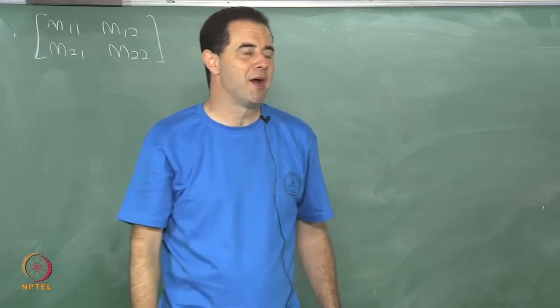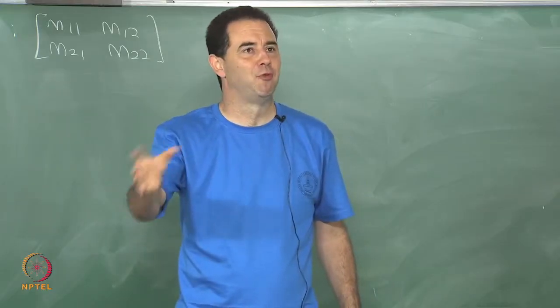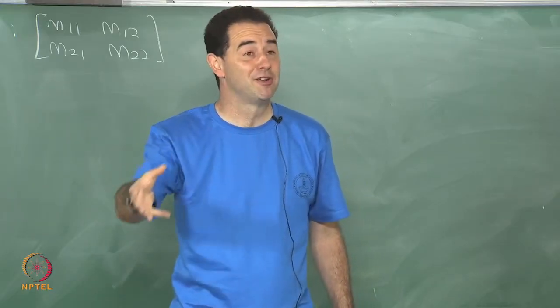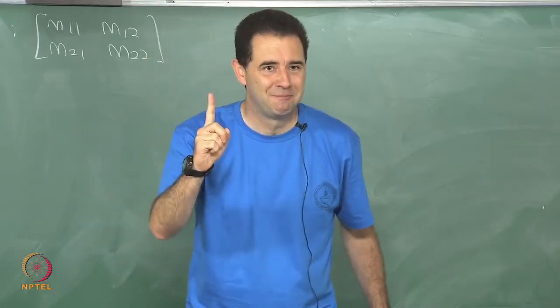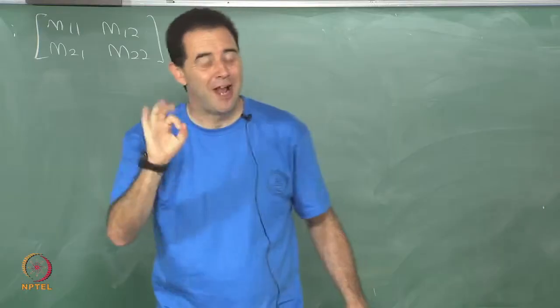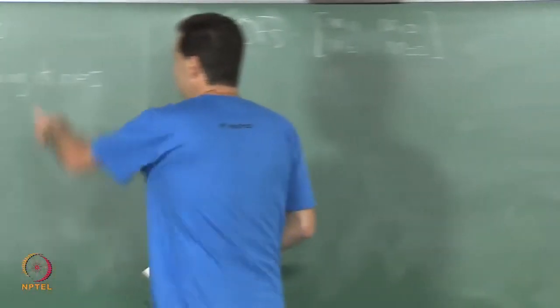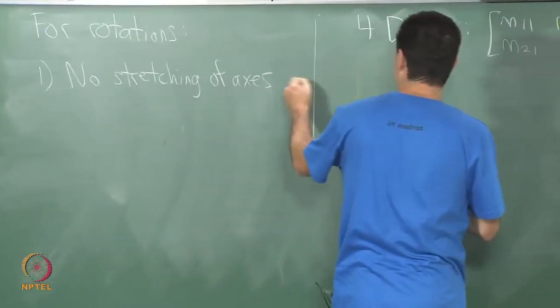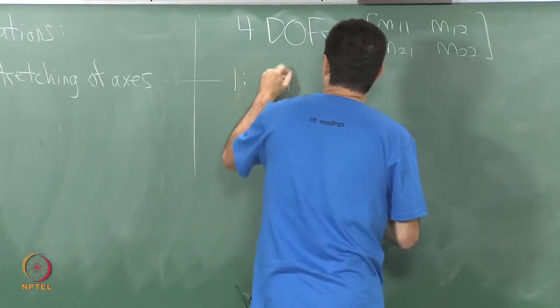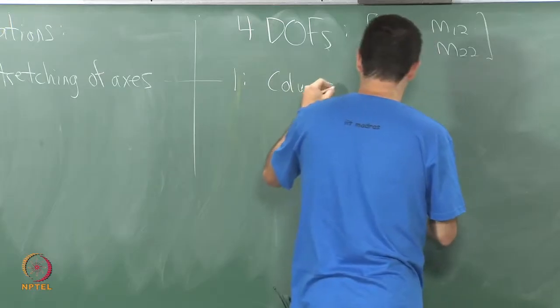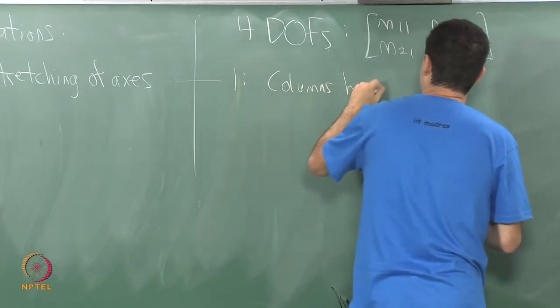Otherwise, if you think about it, the matrix multiplication is just performing a simple dot product or inner product. And so if the magnitude of the vector that you're multiplying with is not normalized, then you get a different scale. So it has to have unit length. So constraint number 1 here means that columns have length 1.